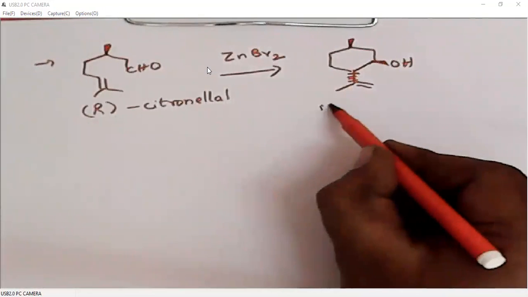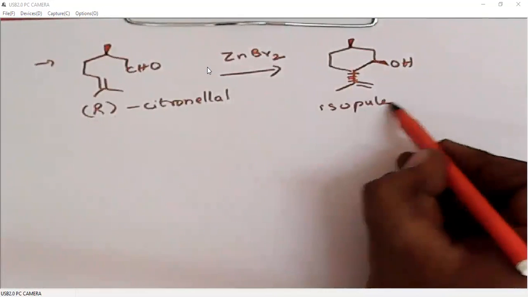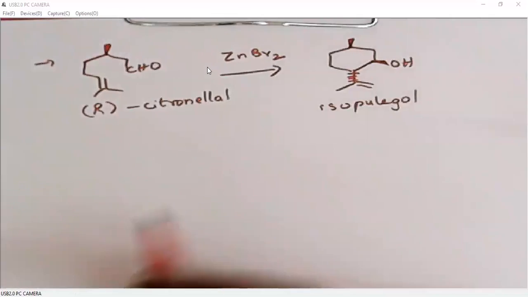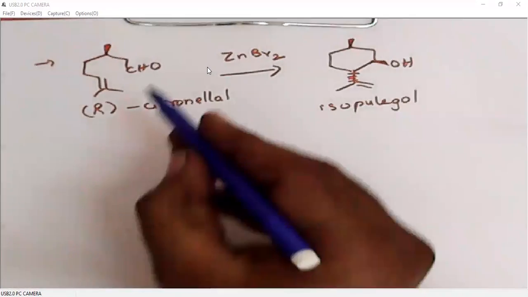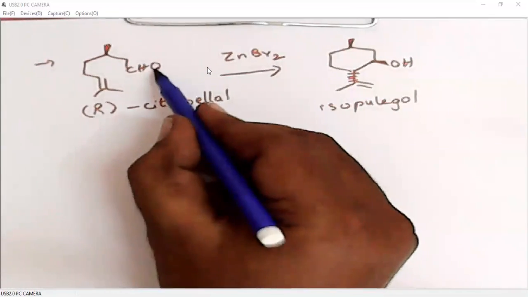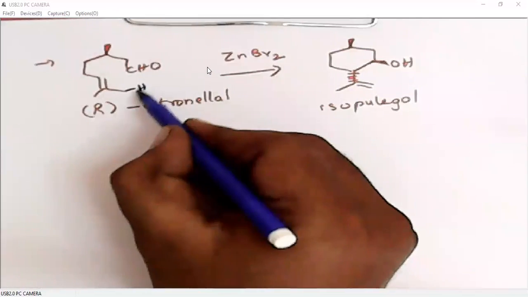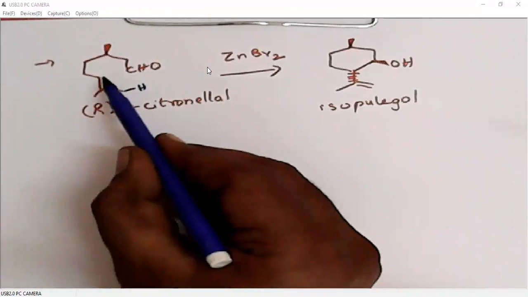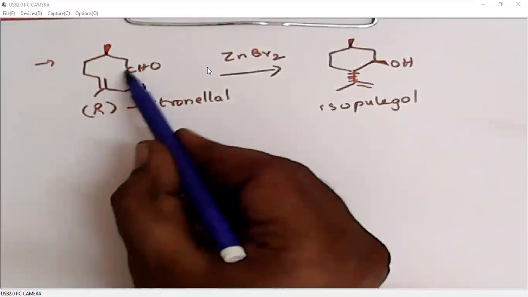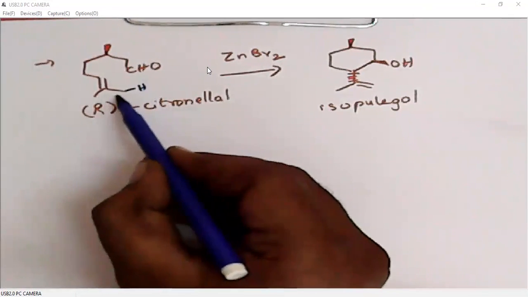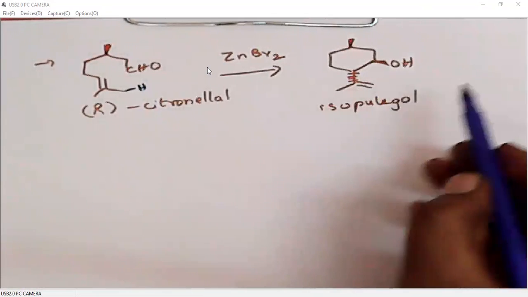This compound is called isopulegol. What is happening is that the C=O oxygen is picking up this allylic hydrogen, so there is a bond formation between these two carbons and a double bond will be generated. So this is what is happening.